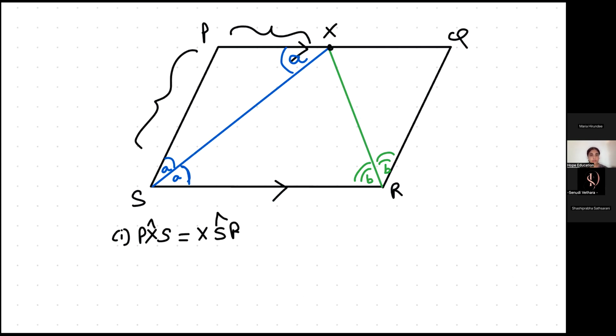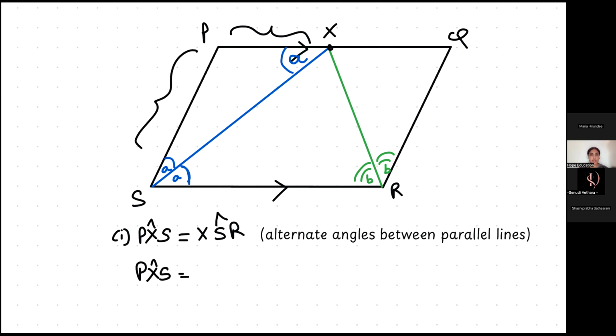Reason: alternate angles between parallel lines. And therefore, PXS equal XSR කියලා කියන්නේ, that is simple A. So, එහෙනම් ඔන්න මෙයාත් simple A.